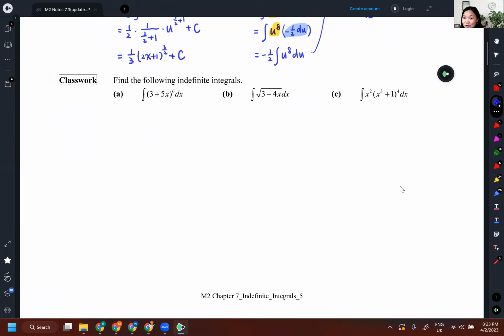Now this part, like I said, you're just pretending this derivative is a fraction. You're doing that. And then the integral of 3 plus 5x to the power 6 dx is equal to u to the power 6 and then 1 over 5 du.